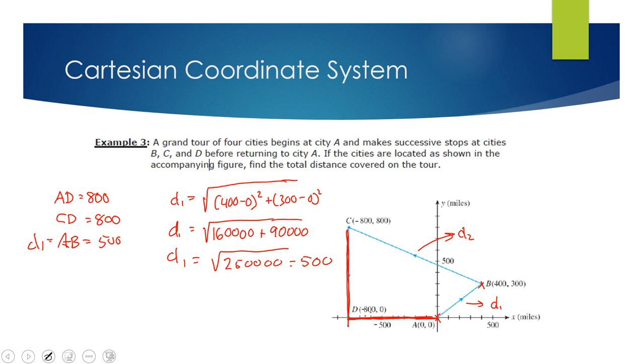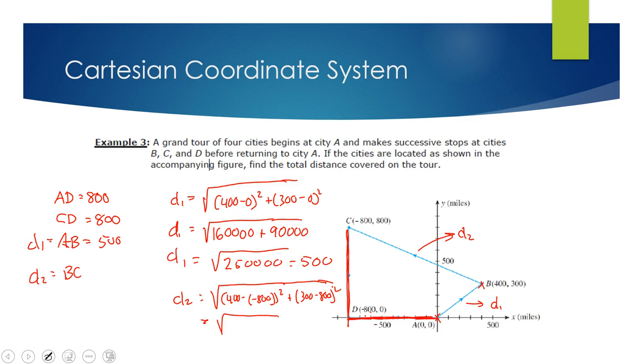And then for BC, which is D2, I have the x-coordinates 400 and negative 800, so I'm going to do 400 minus a negative 800 squared plus 300 minus 800 squared. 400 minus negative 800 is 1200.